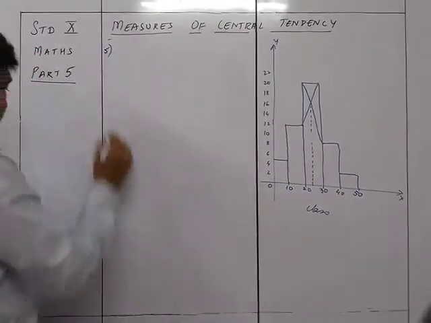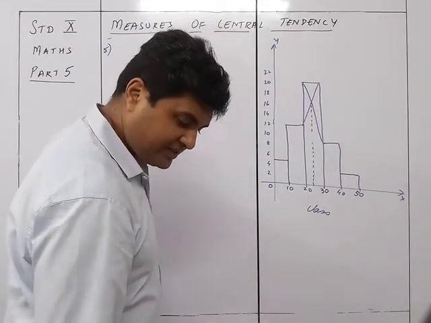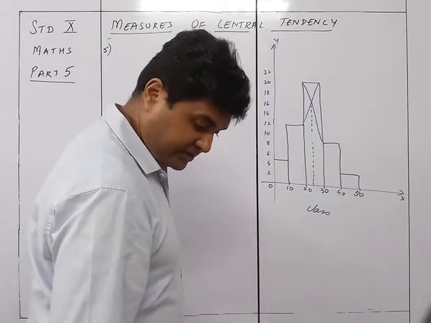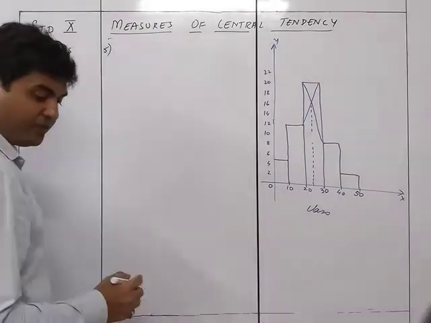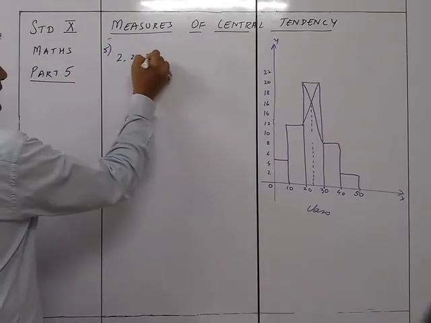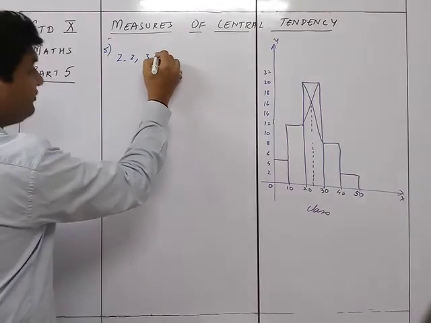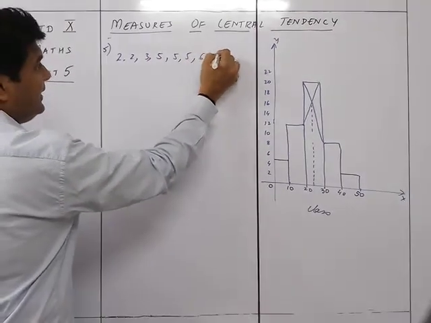So in the fifth sum, the fourth is just the same thing like this, so it's easy. Model class is 13 to 35. Yeah, fifth sum is median. We have to find out the median in both. So it will be 2, 2, 3, 5, 5, 5, 6, 8, 9.